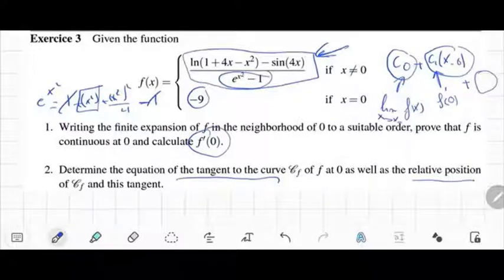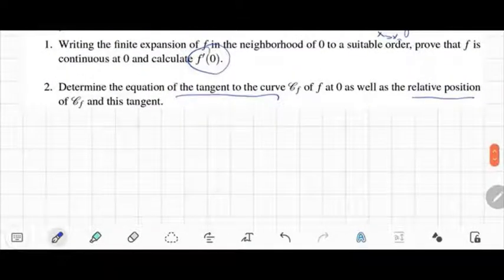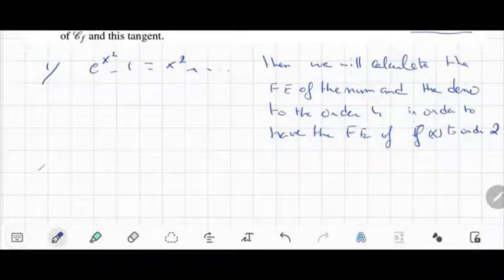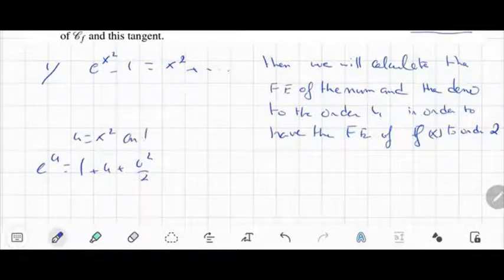Now let's calculate the expansions to the order 4. So we have e^u is equal to 1 + u + u²/2 + etc. But since u in here is equal to x², then in this term we'll have an order 4, but in the u³ we'll have an order 6. So we don't need this order.